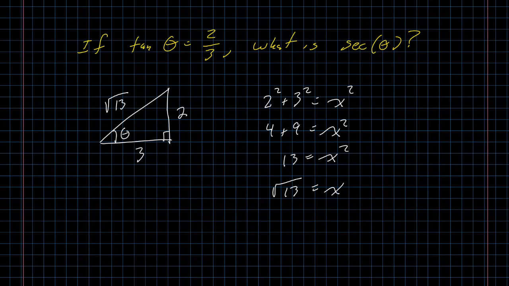And so knowing that, I can now think about secant. All right, secant of theta, that was the ratio hypotenuse over adjacent. The hypotenuse of this triangle is root 13. The adjacent side is 3. So secant of theta is square root of 13 divided by 3.